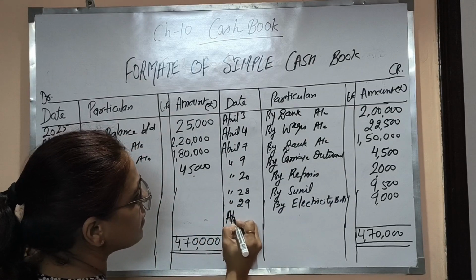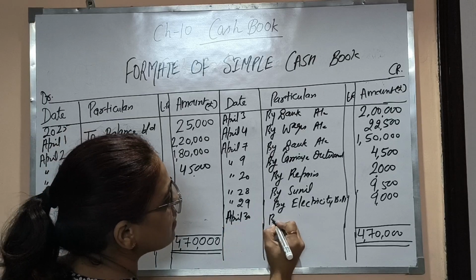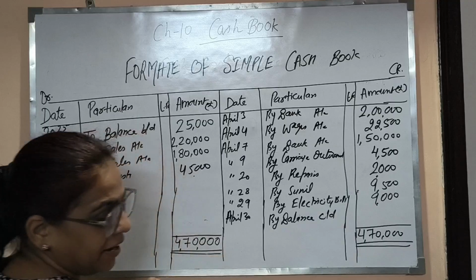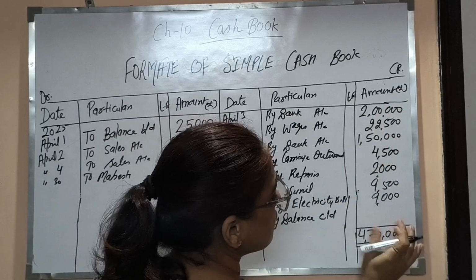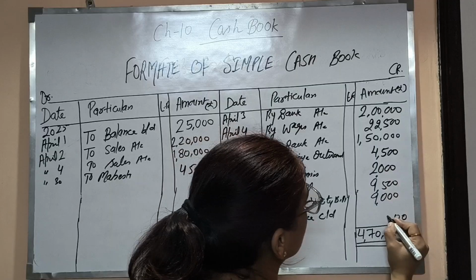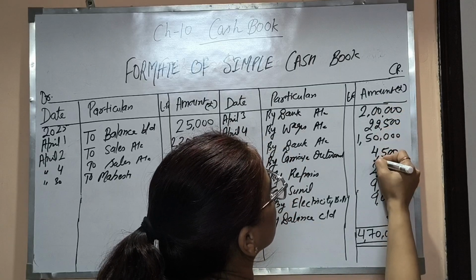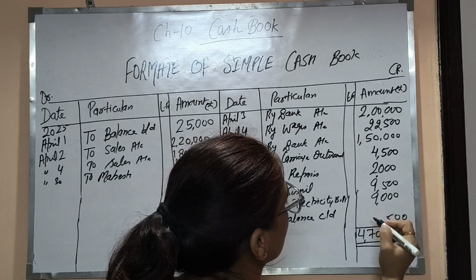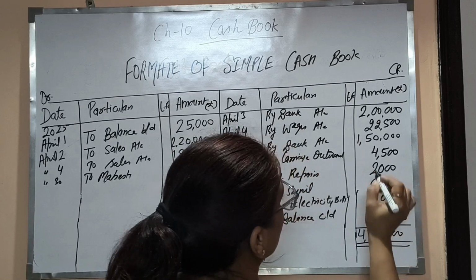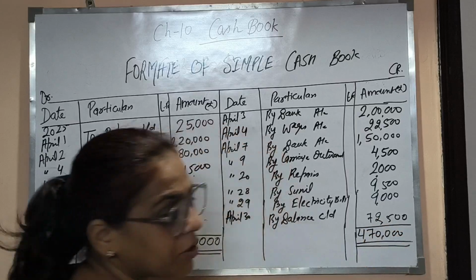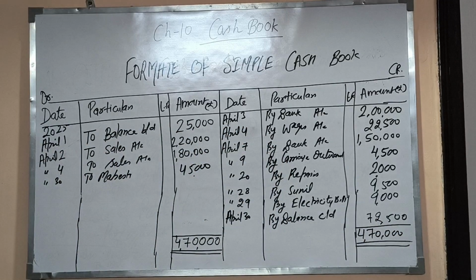At month end, that is April 30, the balance is left by balance c/d. c/d means carried down. Just deduct this balance from it. 72,500.